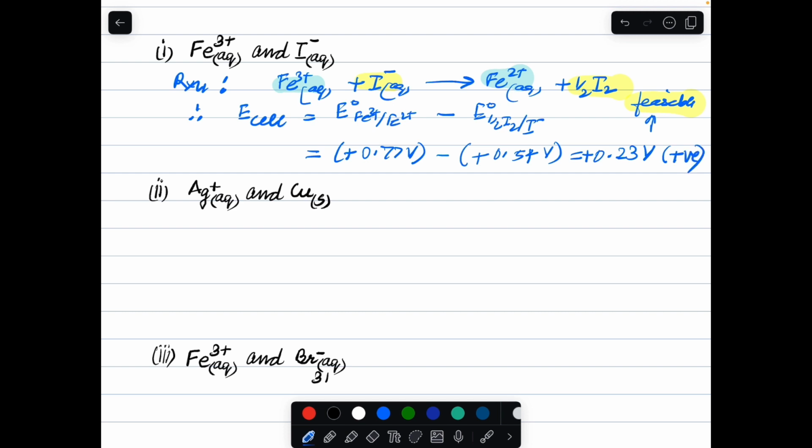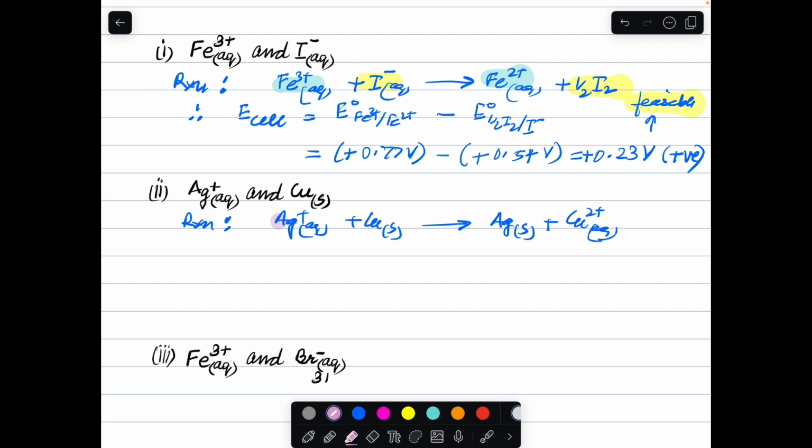Silver ion with copper. So again we will write down the equation for this. The reaction will be Ag+ aqueous plus copper metal will give you silver metal plus copper ion, Cu2+ ion in the aqueous state. Now in this case we'll check the oxidation and reduction.